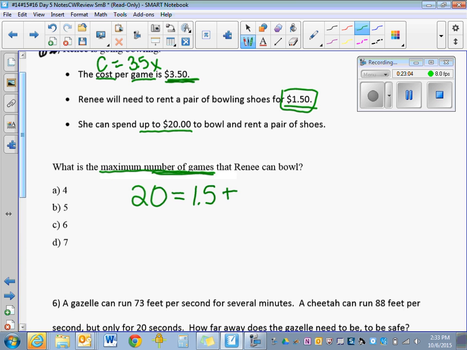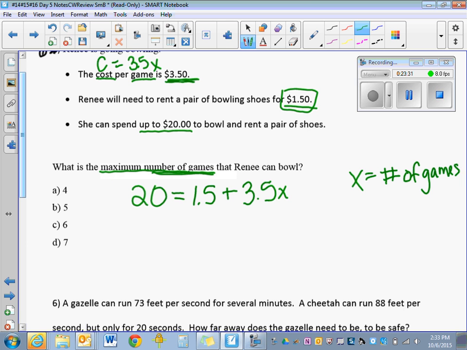Plus the cost of the games. How much will she spend total on games? 3.5x. C, X, G, whatever letter you use, because it's per game. Okay, we used a variable. We have to say what this variable is. What does x represent? The number of games she plays.